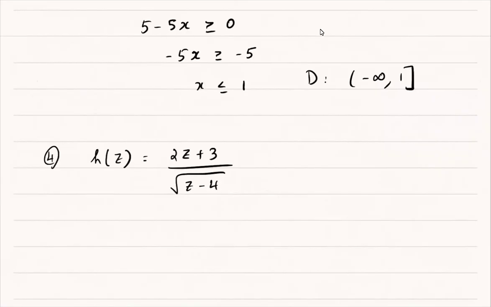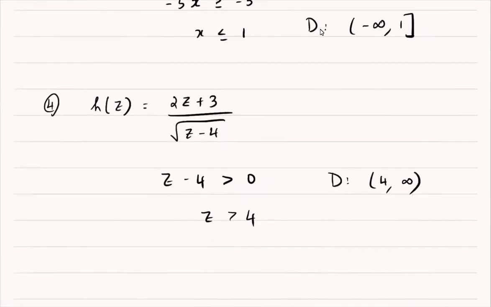However, this particular radical is in the denominator, meaning I don't want it to be 0 either. So the only difference in my setup would be I will just set it up as greater than 0 instead of greater than or equal to 0, because I don't want it to be 0 for the simple fact that it is in the denominator. Then you solve, you get this as the answer. So your domain will be 4 to infinity.